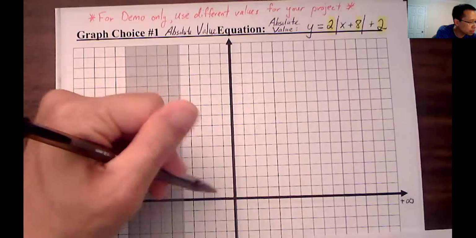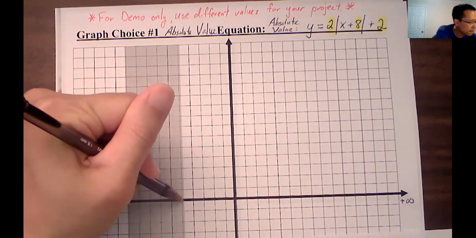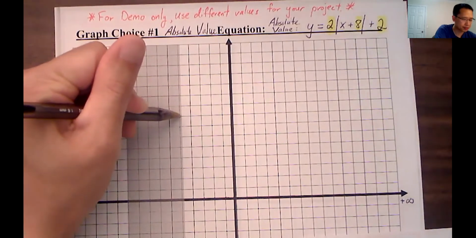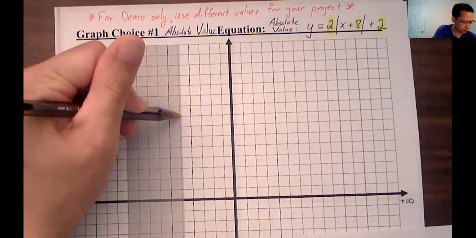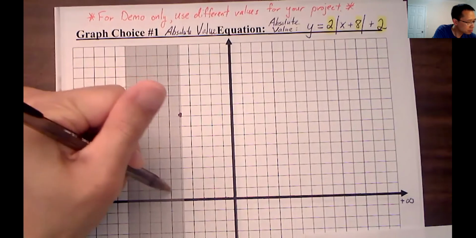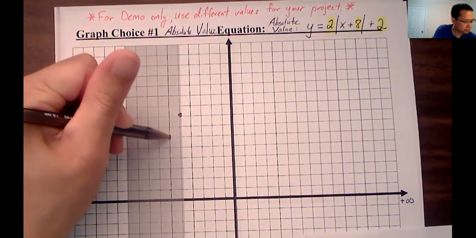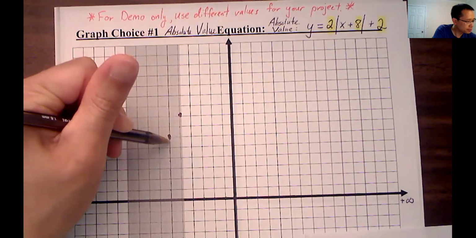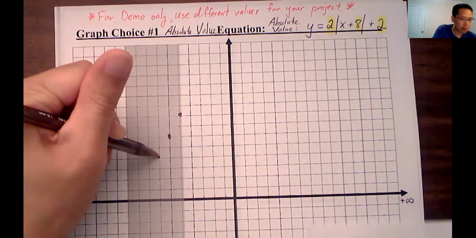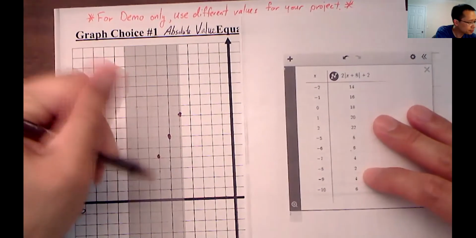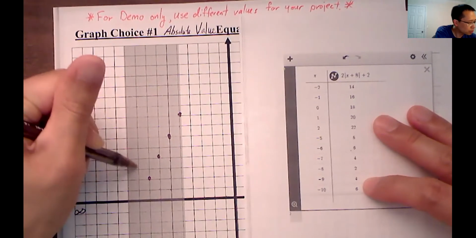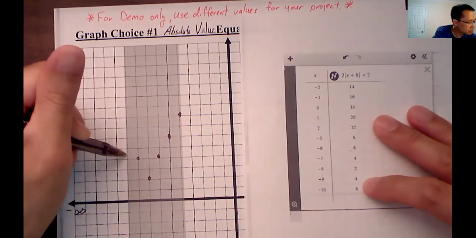So I'm just going to plot these points here. -6, 6. -7, 4. Okay. -8, 2. -9, 4. And -10, 6.